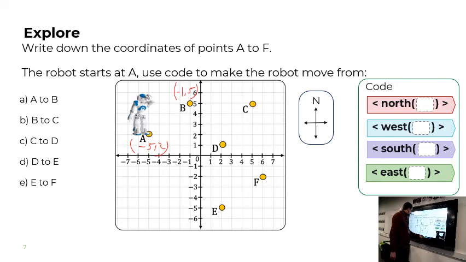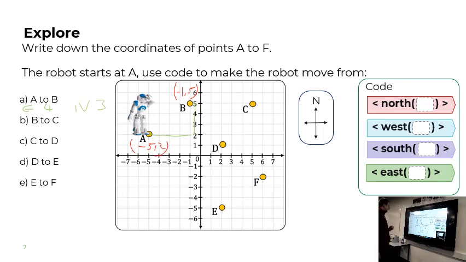Now, what is the robot doing? It has moved to the right. How many units? It's moved east 4 units. And then it's also gone up 3 units. Up is north, so north 3 units.